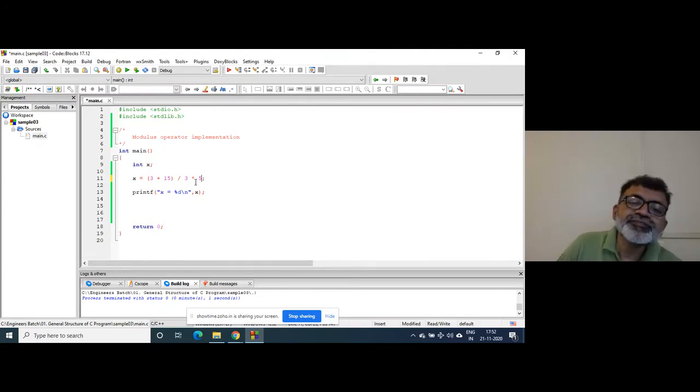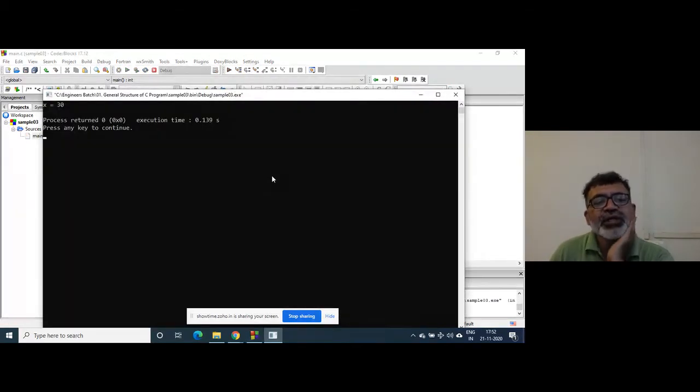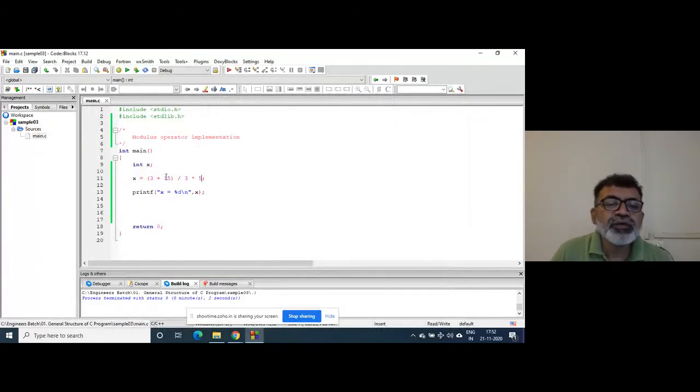So how much will it be? 30. 15 plus 3 is 18. 18 divided by 3 is 6. 6 into 5 is 30. This is how arithmetic expressions are solved.